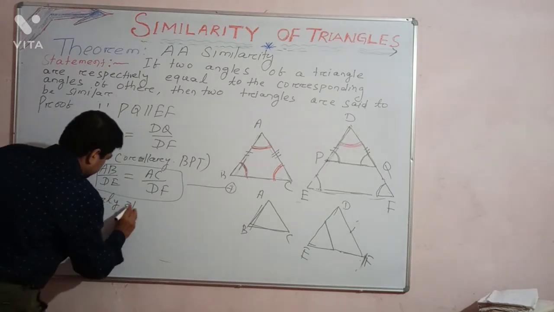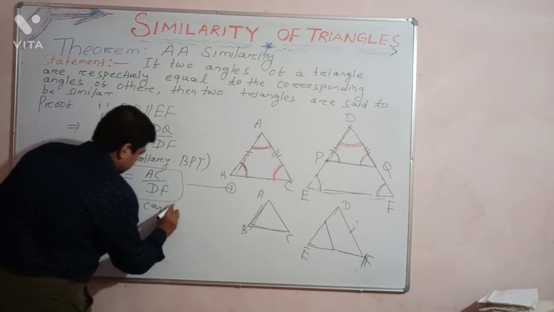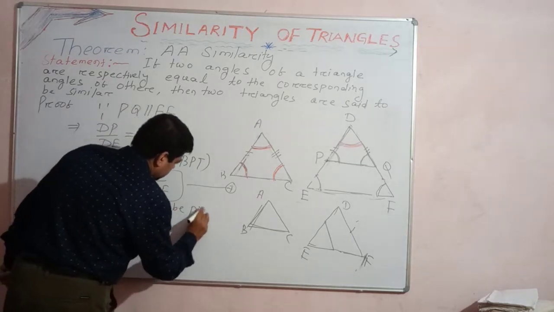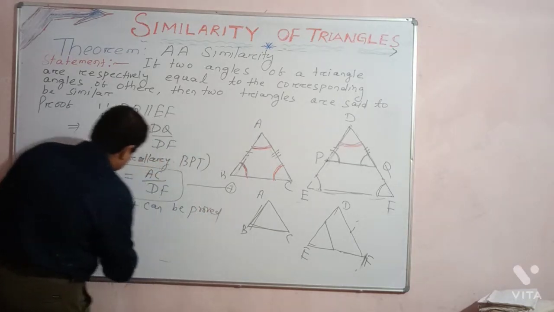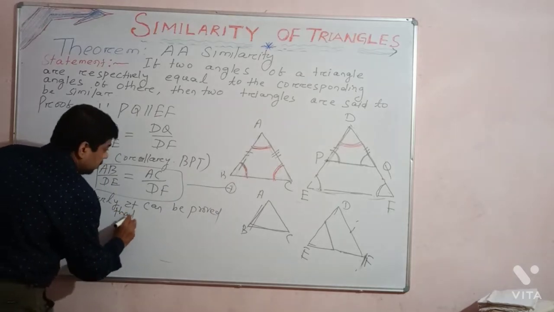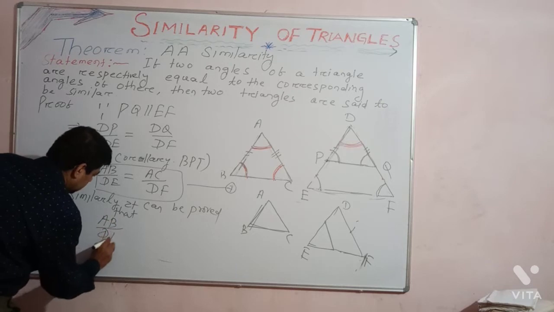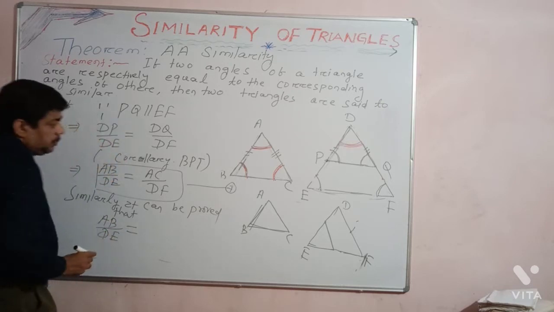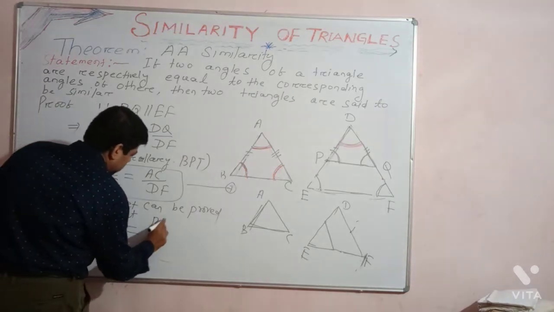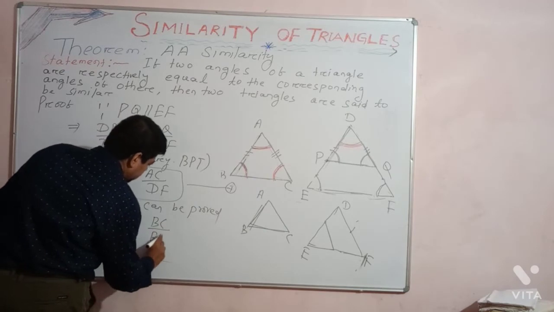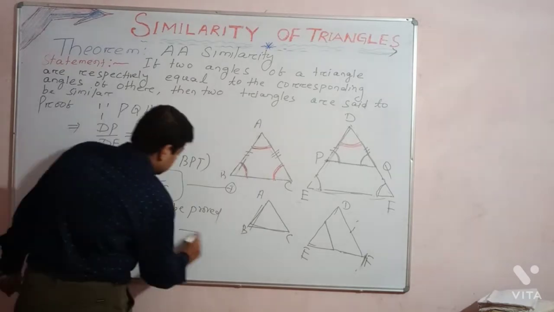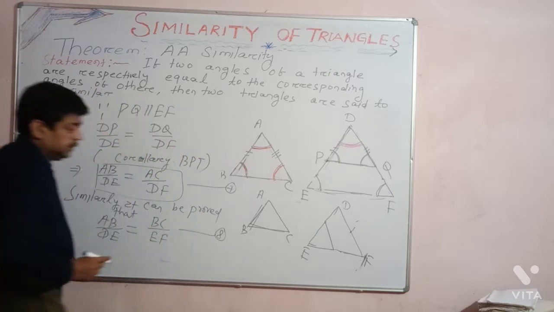Similarly, it can be proved that AB upon DE is equal to BC upon EF. Is it clear or not? This is point number 8 we can get.